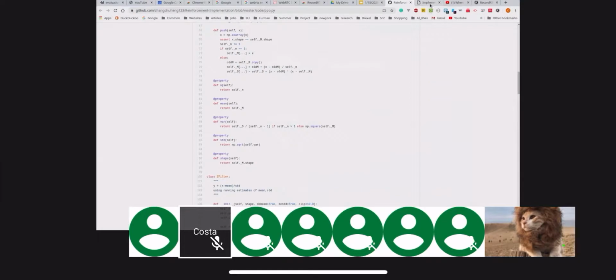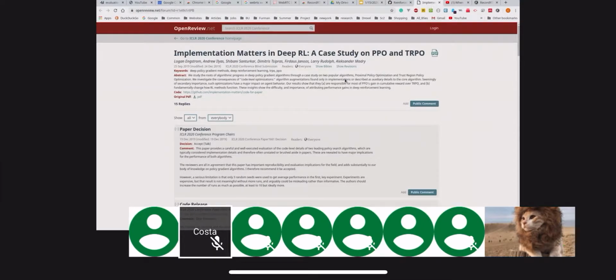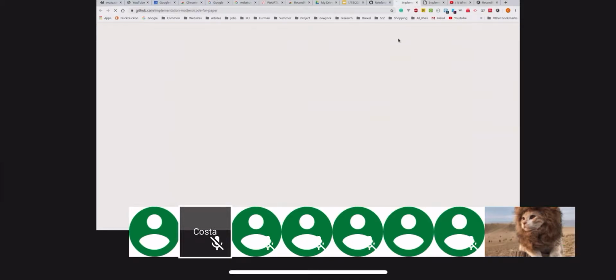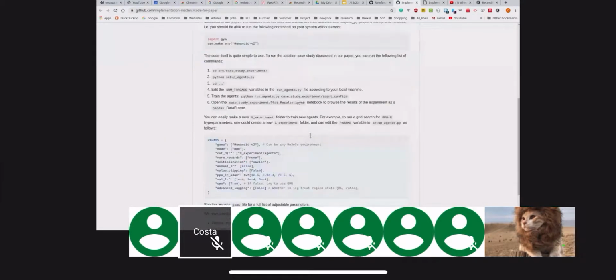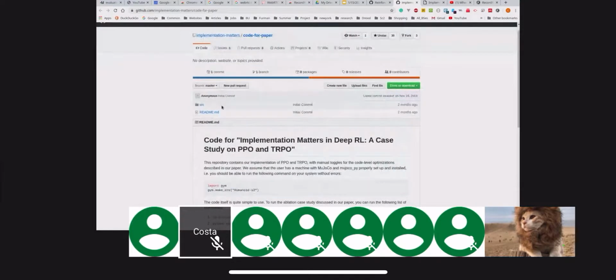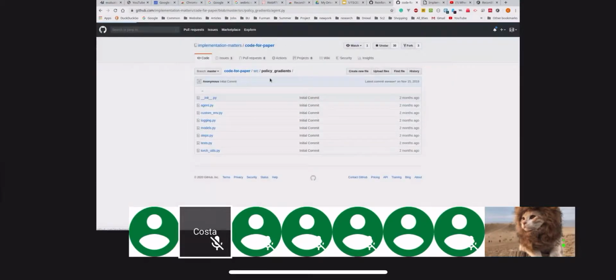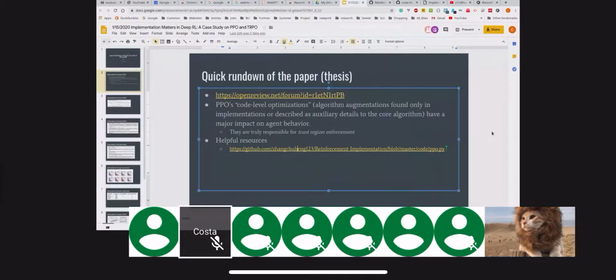Of course, the paper itself also published their code, I believe. It's here. But I think their code is a bit harder to understand. I may be wrong, I haven't exactly looked into it yet. But just some resources to keep in mind.